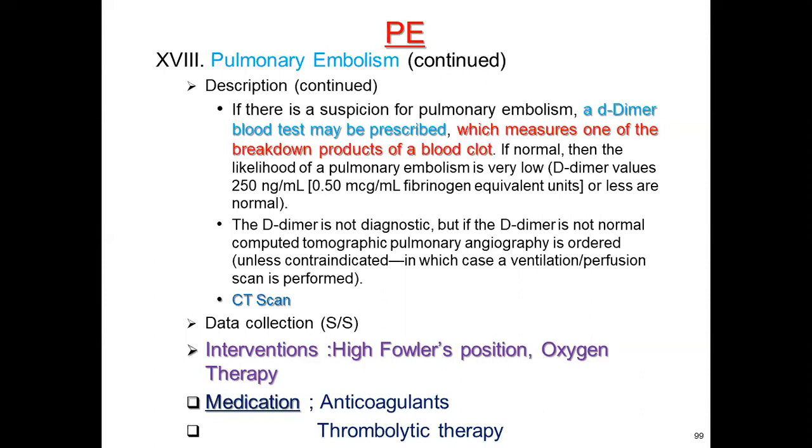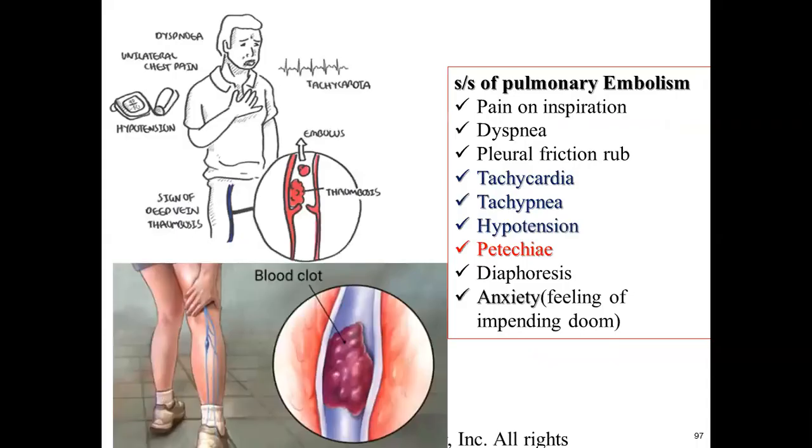Use an electric shaver, a soft toothbrush, and avoid blowing the nose when they are under anticoagulant and also thrombolytic drugs. So this is very basic information we should know for pulmonary embolism.